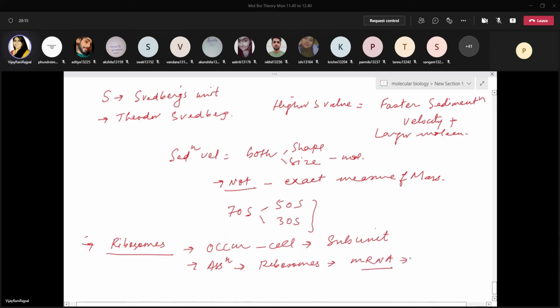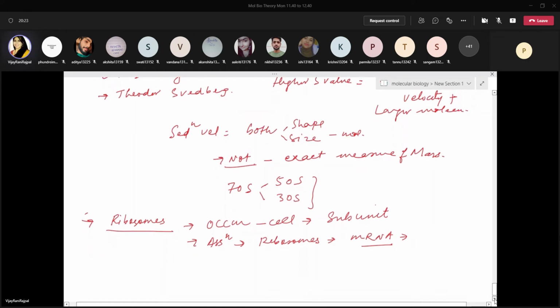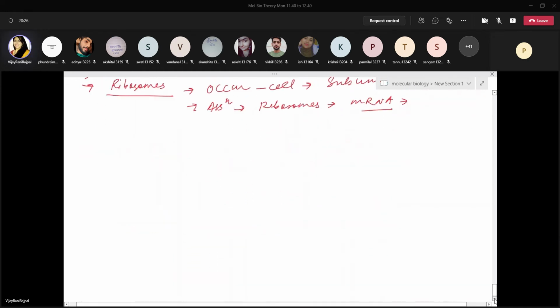When there is work to be done, they come together and associate. When there is an mRNA in the cell to be translated, then there is a functional role for ribosomes. So there on the mRNA, they get associated. Otherwise, they occur in the cell in the form of subunits only.